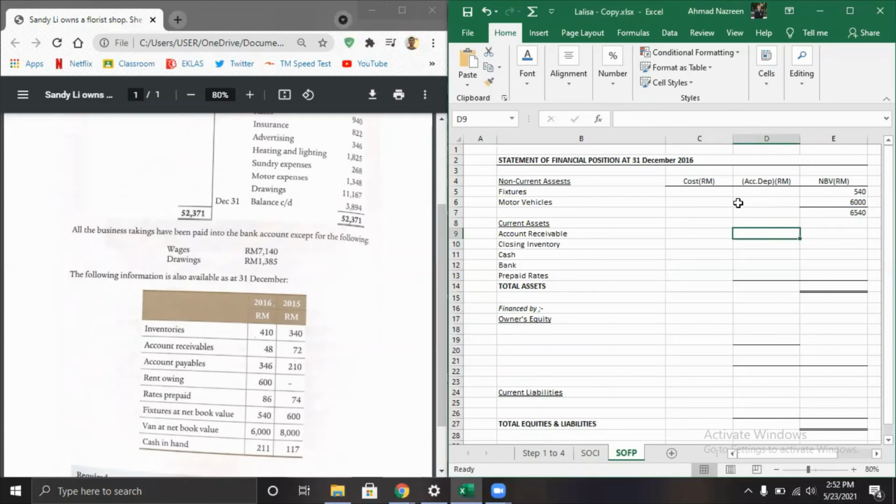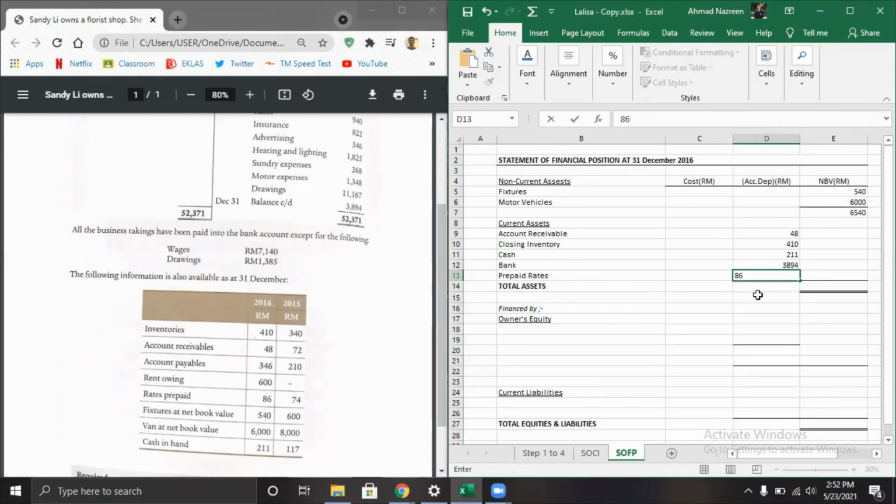So the amounts are: account receivable 48, closing inventory 410, cash 211, bank 3,894, and prepaid rates 386.